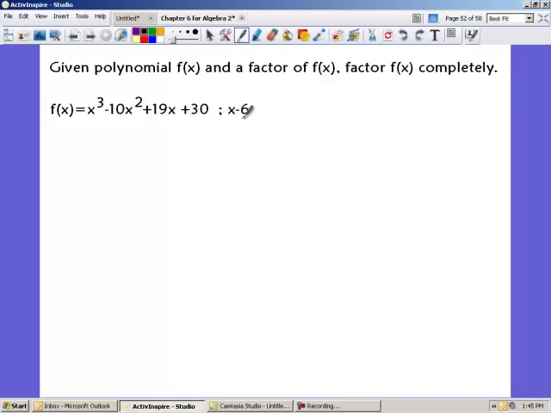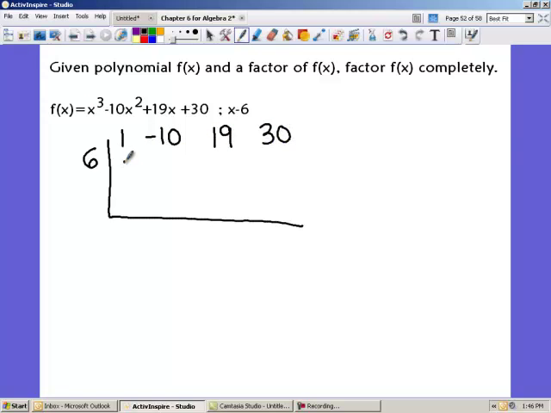And so what we're going to do is somewhat the same thing. So we're going to take the opposite of our negative 6 here and put a 6. Now we write down the coefficients. We have 1, negative 10, 19, and 30.